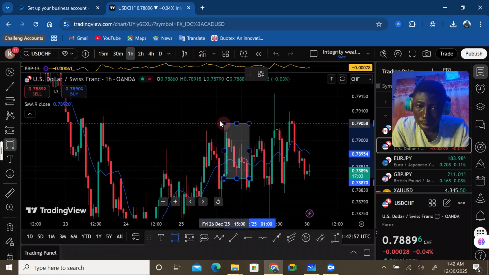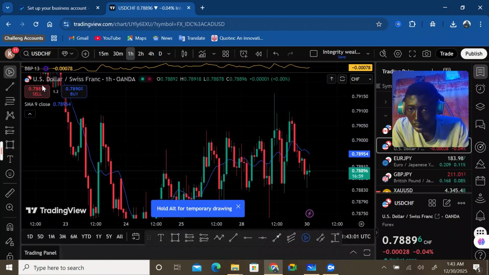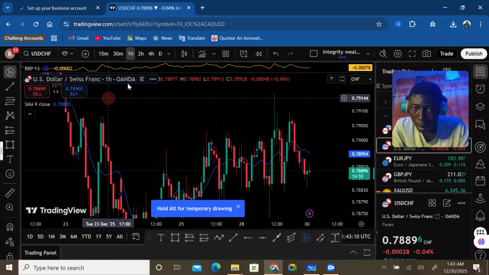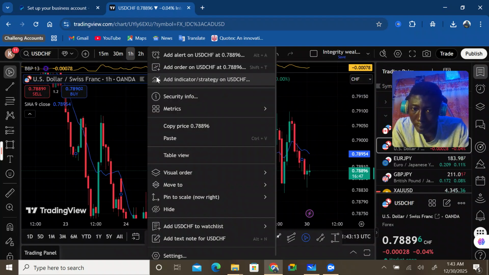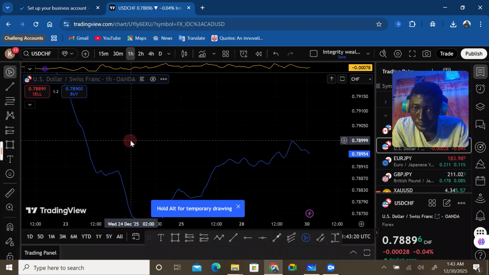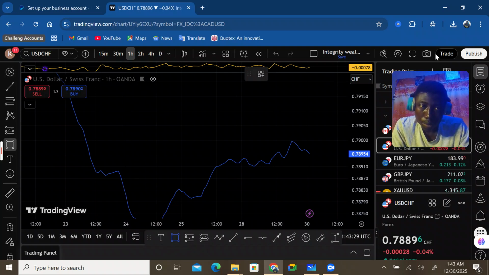If I begin right now, you see that it is drawing a triangle over here. Hold on, let me hide this. Good. Let me hide this. And then we talk about something different. Now good. These are the candlestick.